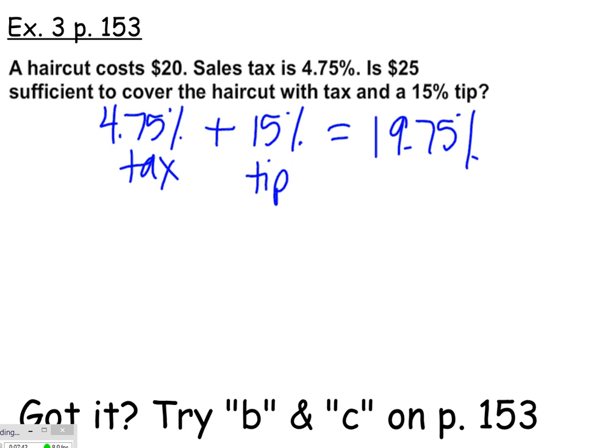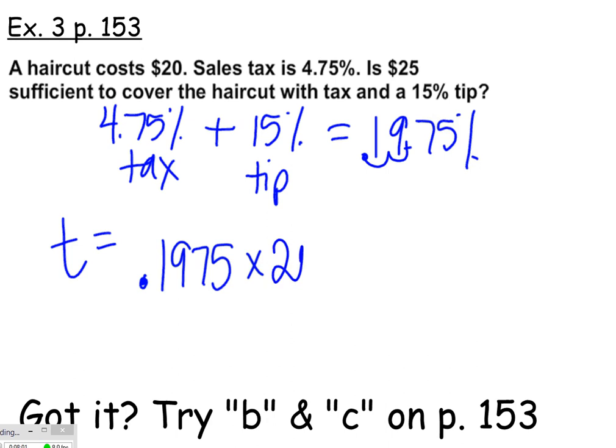So now to find out the total, we have 19.75, which as a decimal, move it 2 places to the left, is 0.1975, times the total cost, which is 20. When you calculate that, you get your total increase is $3.95.